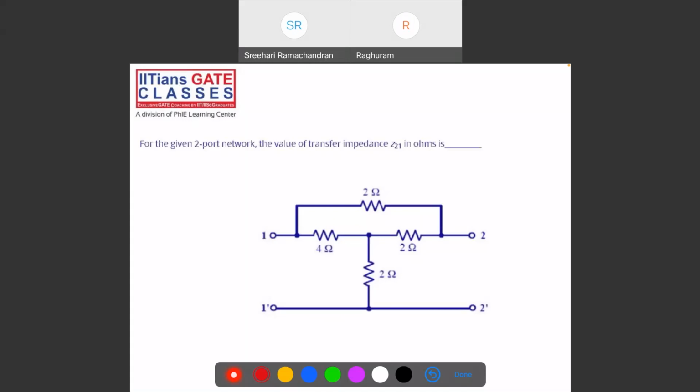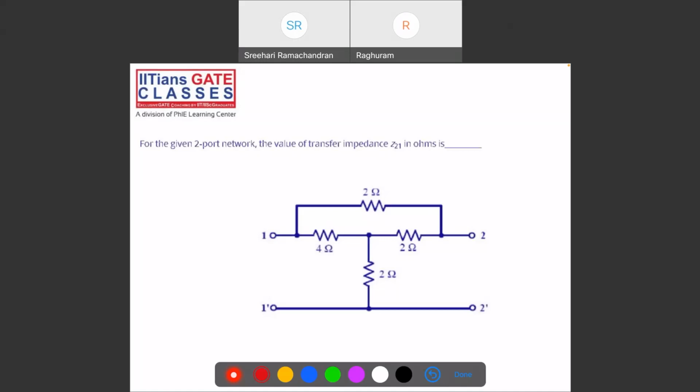Any shortcuts? Like that middle T network, you can convert the T to pi, and then we'll get parallel. So the 2 and the upper resistance will get in parallel.